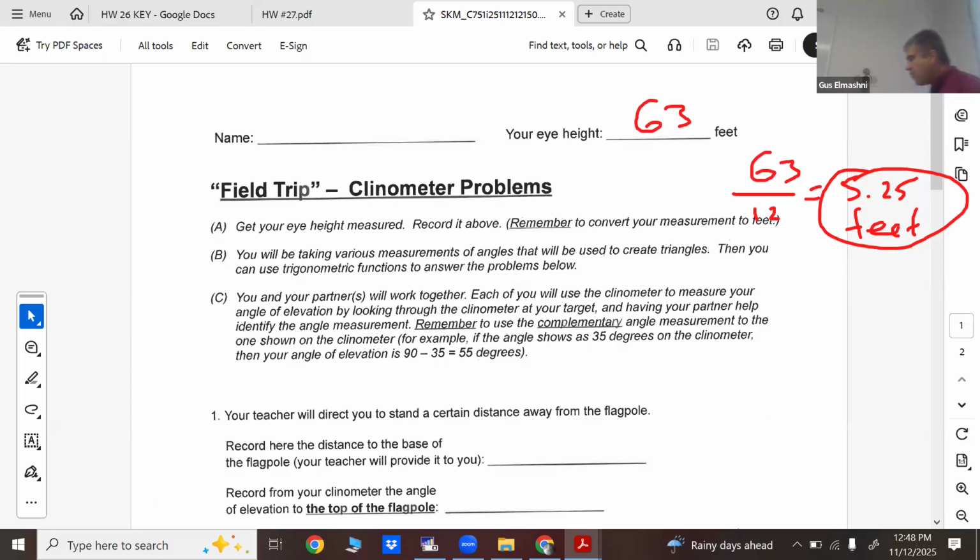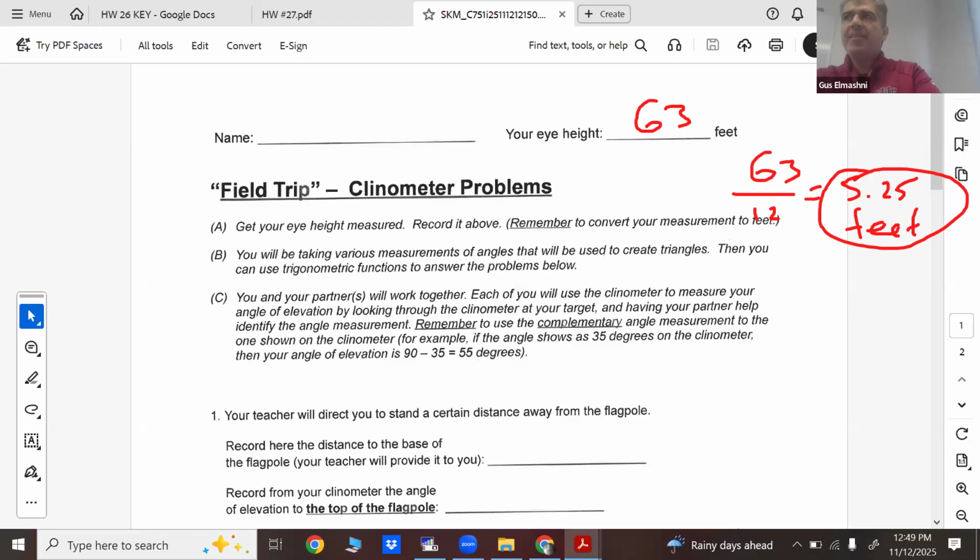64. What was my height? 64 feet. Oh, it's 64 inches. You have to divide it by 12. So 69 would be 5.75. 64 should be 5.33.